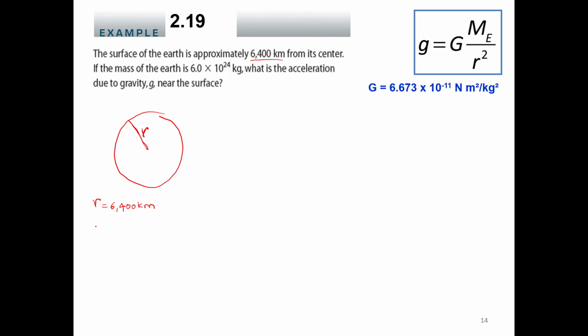The mass of the Earth equals 6.0 times 10 to the power 24 kilograms. And we want to know what is the acceleration of gravity near the surface, the g value just here.